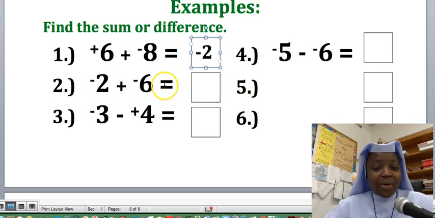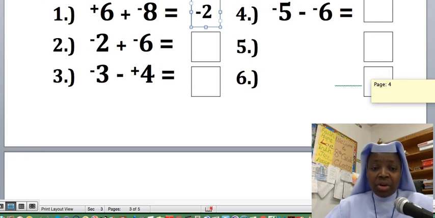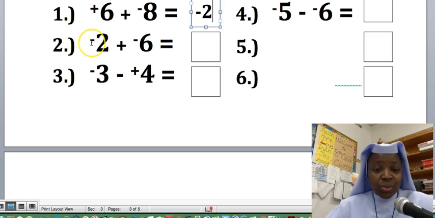Okay, easy, huh? All right, so let's look at number 2. -2 plus -6. Again, we have to start from 0. Because it's negative, we're going to go backward 2 steps, keep the same direction, and take 6 steps backward.